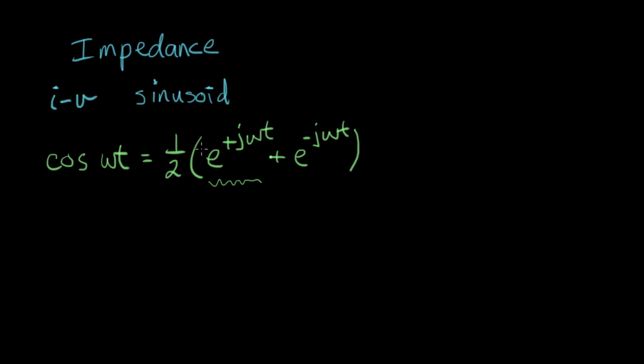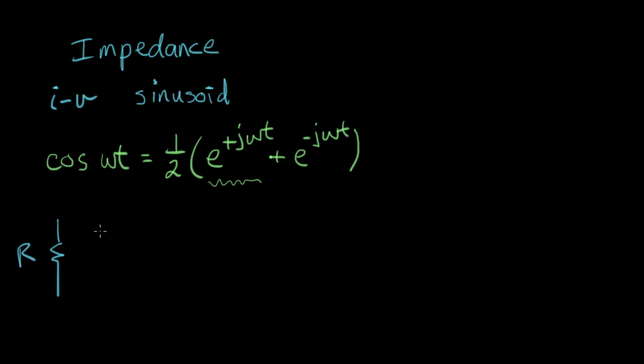So what I'm going to do is develop the IV equations for the resistor, inductor, and capacitor in terms of this kind of an input. When the voltage or the current looks like this, what do those equations look like? We're going to start with the resistor. Here's a resistor.